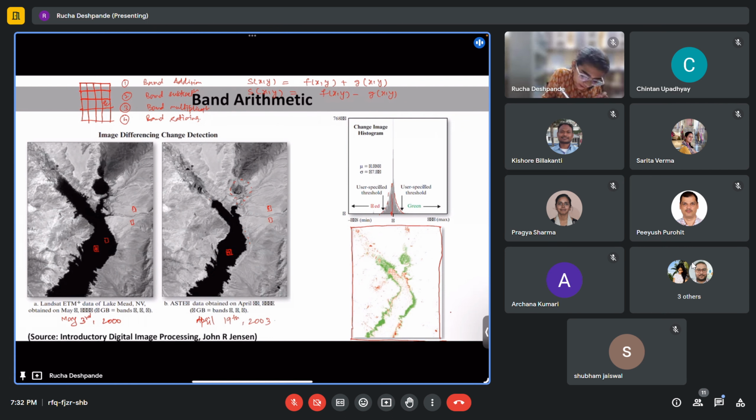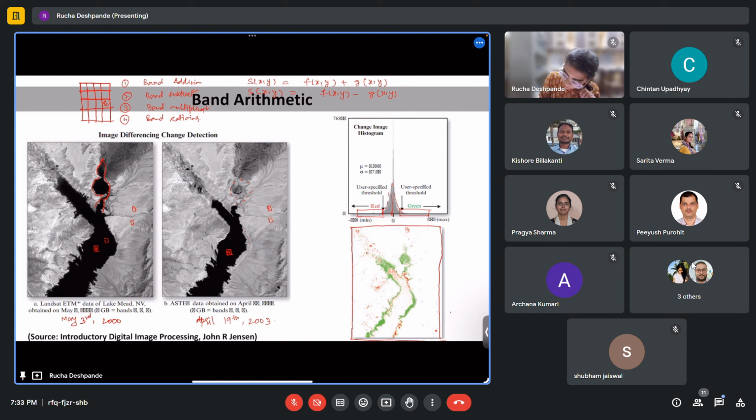However, where there has been a change, like this area, or it's not very clear in this image, but here we can see all these red dots, there has been a land cover change. So for these pixels, the change in value would be higher, and the values would be away from the center.